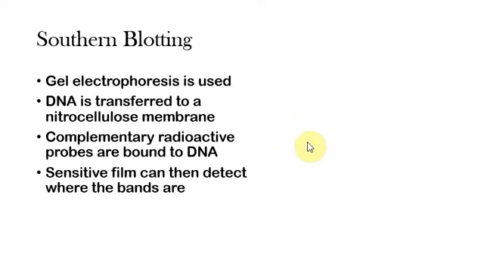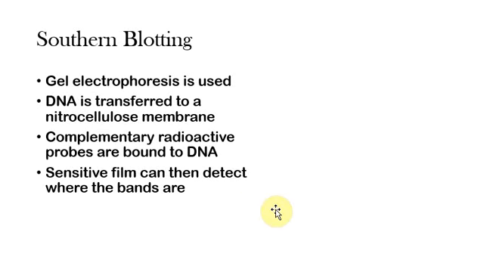Again, this will be very similar to the primer, like I mentioned from PCR, where it's very specific to that one sequence. Maybe it's 15 or so base pairs long, so that it will only bind to that one place. Once those complementary probes have bound to the DNA, you can then use a film that can see X-rays or gamma rays or whatever to detect where the bands are.